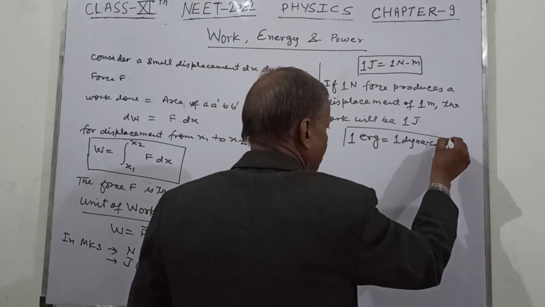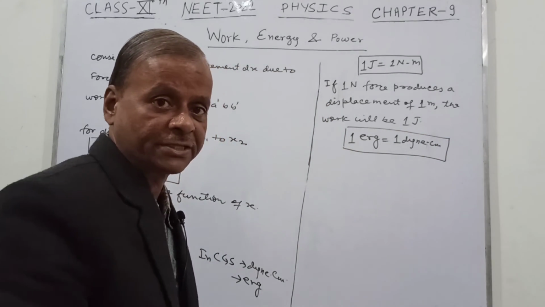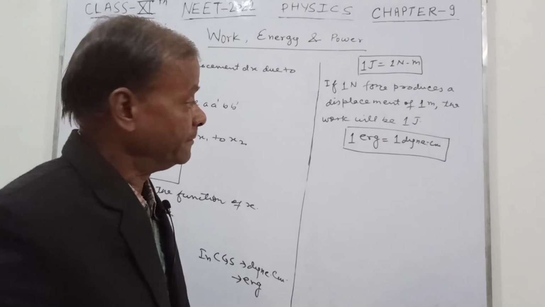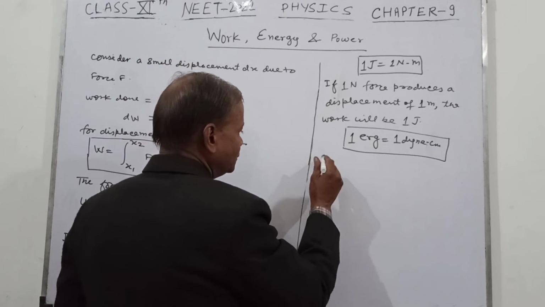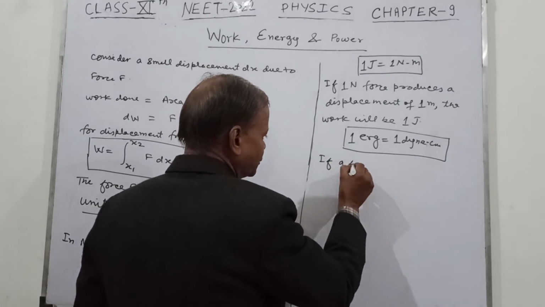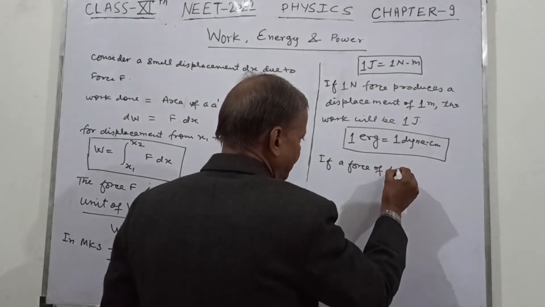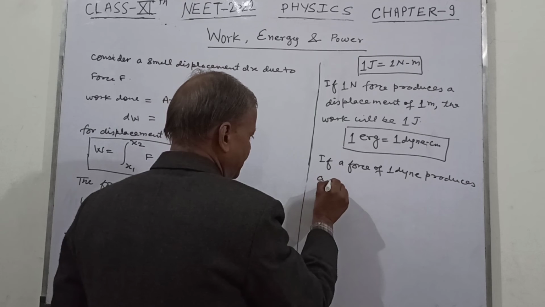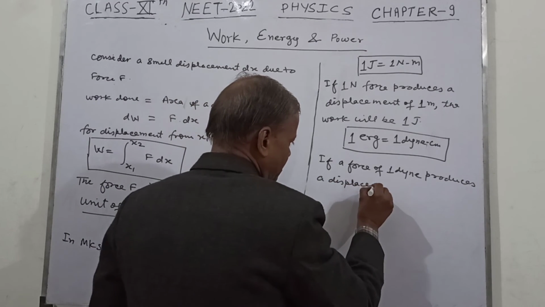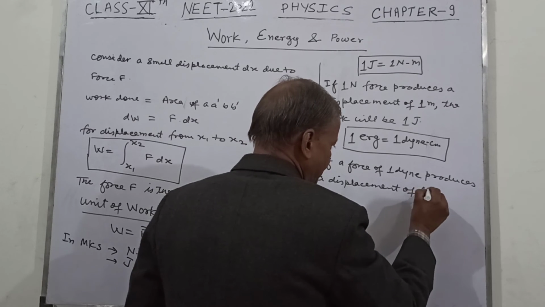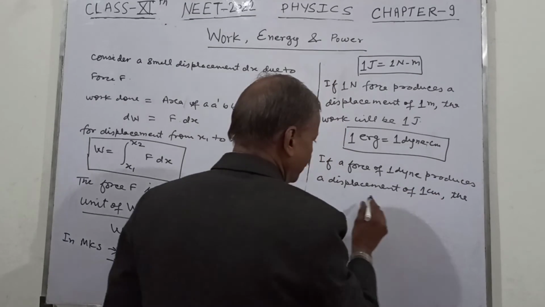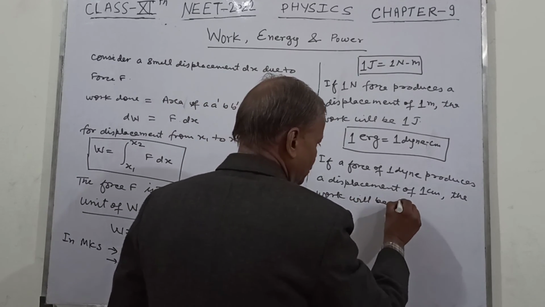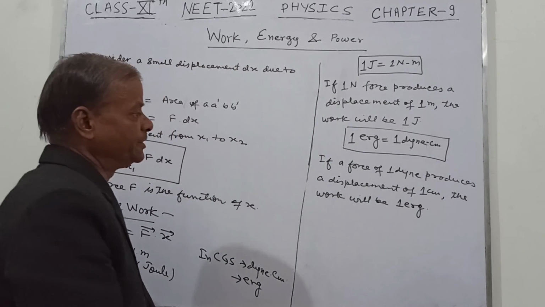It means that if a force of 1 dyne produces a displacement of 1 centimeter, the work will be 1 erg. This is the definition of 1 erg.